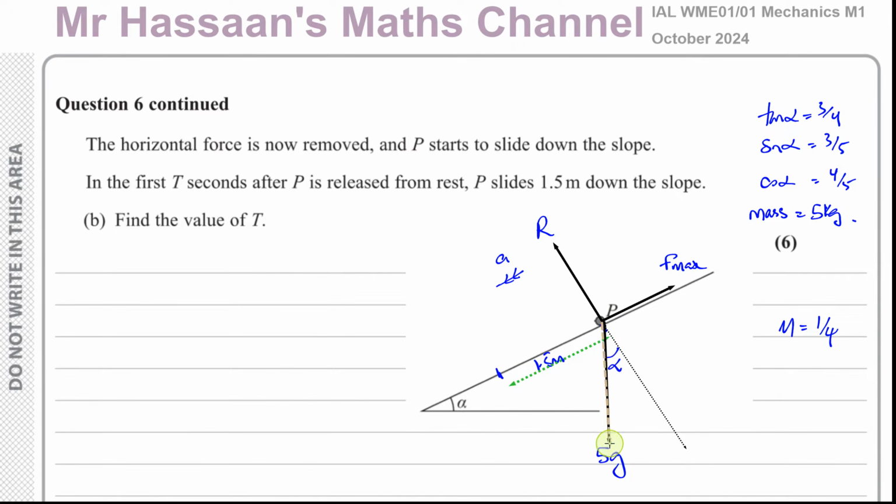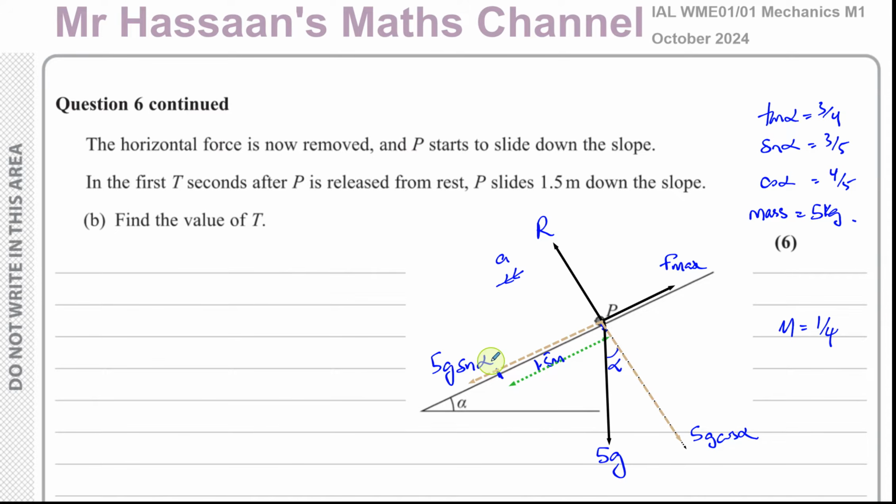The weight resolved in the direction perpendicular to the plane is going to be 5g times cosine alpha, and in the direction parallel to the plane, going away from the angle, it's going to be 5g times sine alpha.